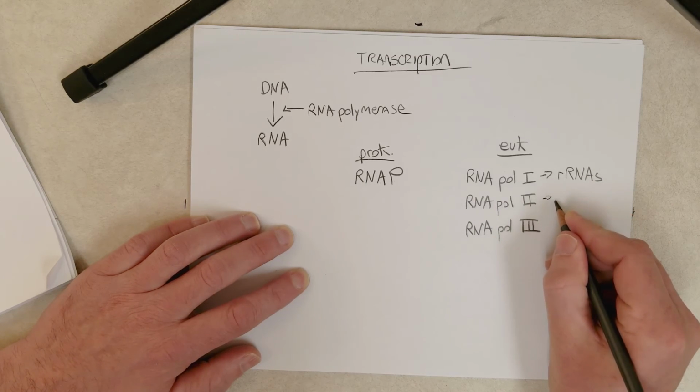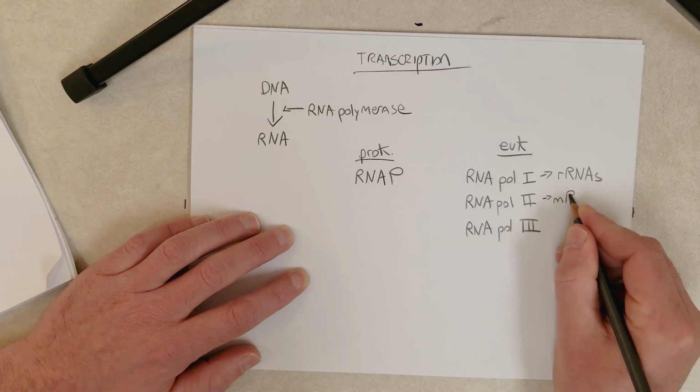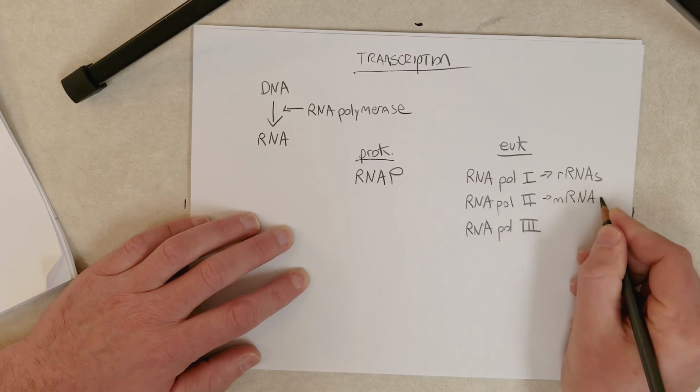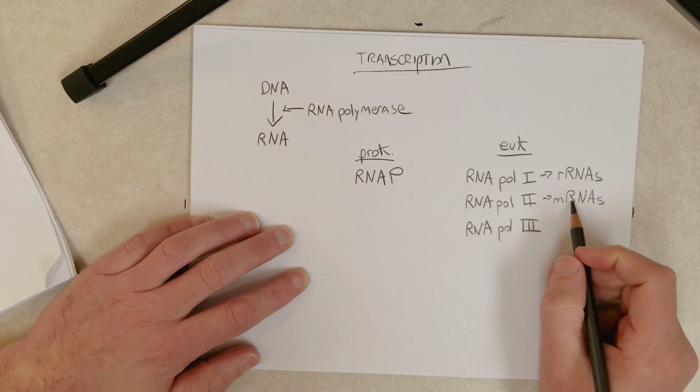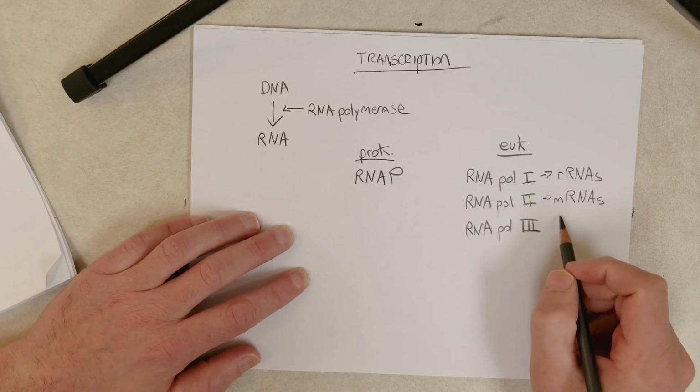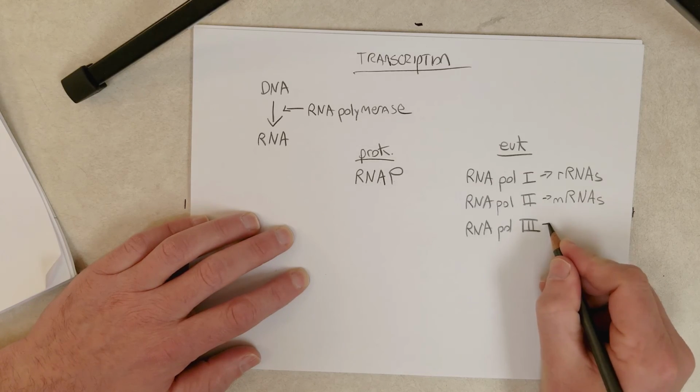RNA polymerase 2 is mostly in charge of messenger RNAs. These are the RNAs that encode proteins. So these are the RNAs that are read by the ribosomes to make proteins.